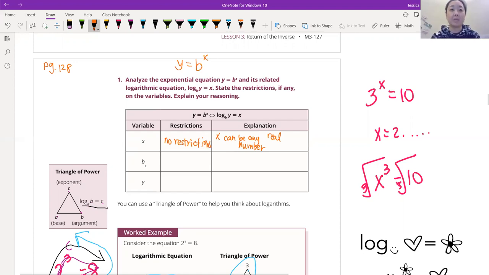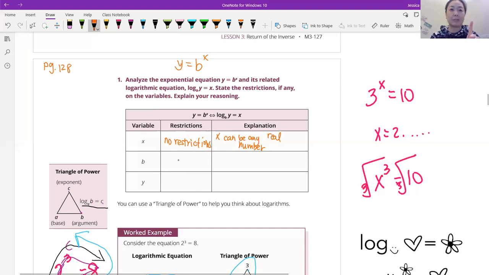And so what about b? What can b be? Remember, this is the base. A couple lessons ago we talked about what if it was negative. Remember, we saw the graph, what happens when it's negative, and did that little dot thing. Yeah, it can't be negative. And what about if it was 1?